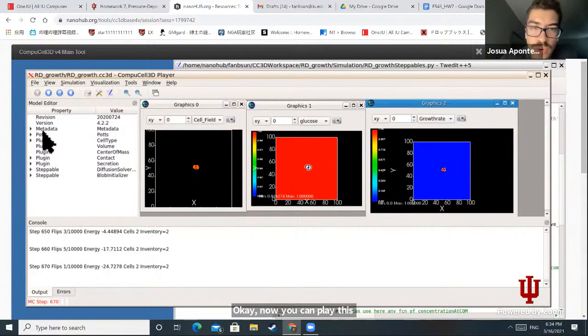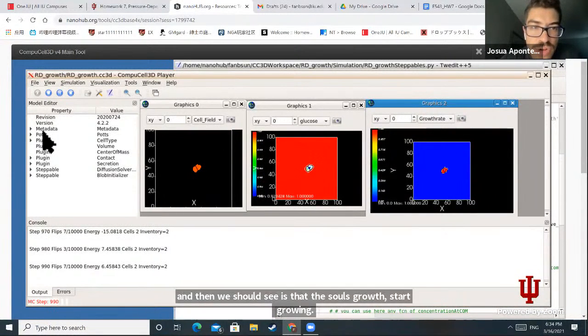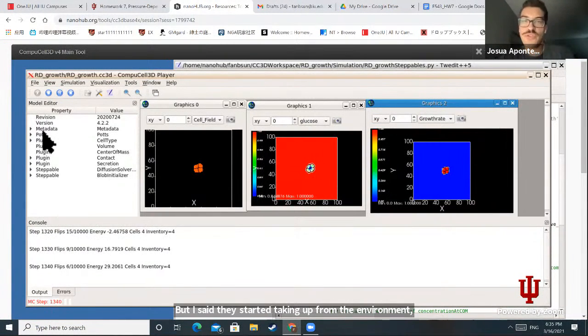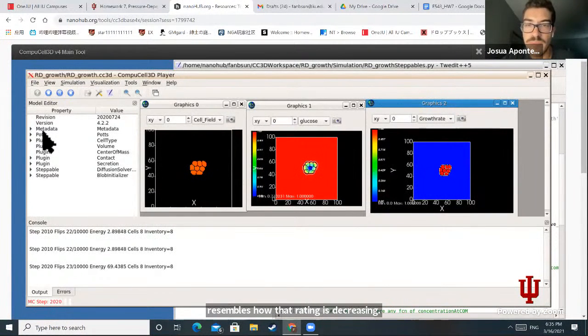Okay, and then what we should see is that the cells start growing, but as they start taking up from the environment, their growth rate should decrease in a way that resembles how the gradient is decreasing, as the field gradient is decreasing as well.